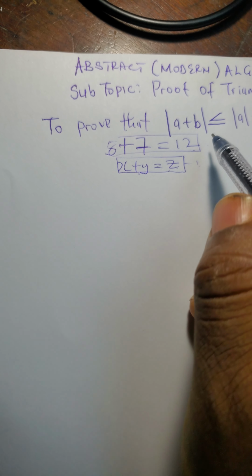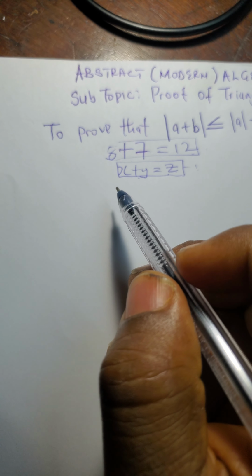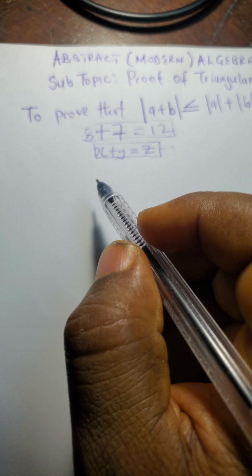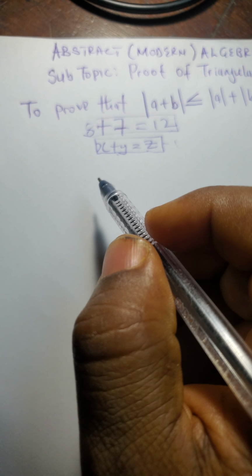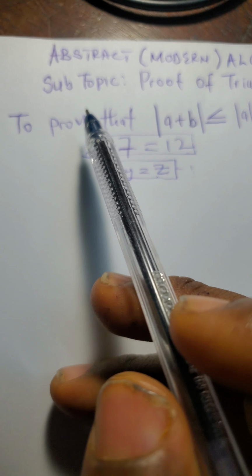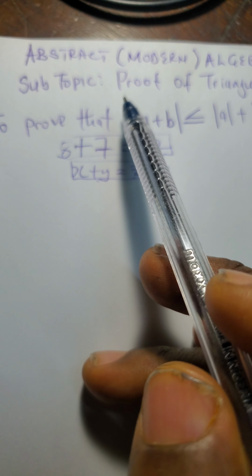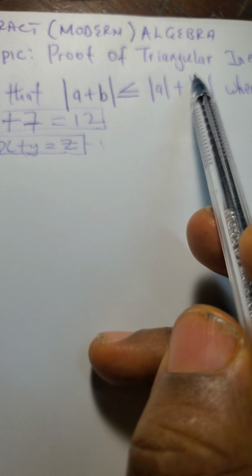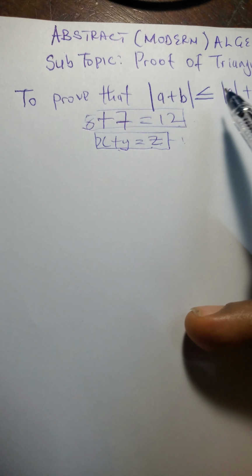So today there is a particular standard inequality under modern algebra known as abstract algebra, and that is called the triangular inequality. So today's topic, we want to prove the triangular inequality under abstract algebra.